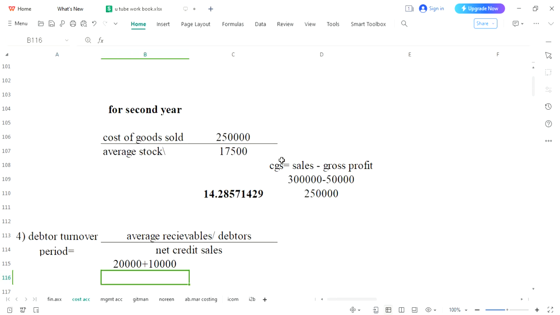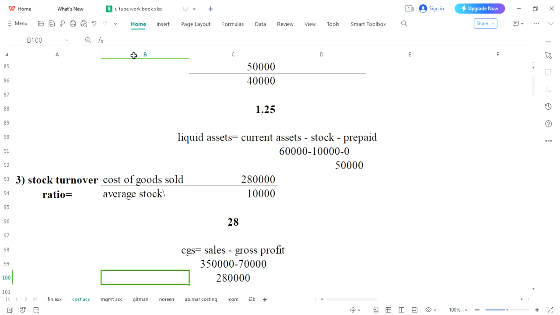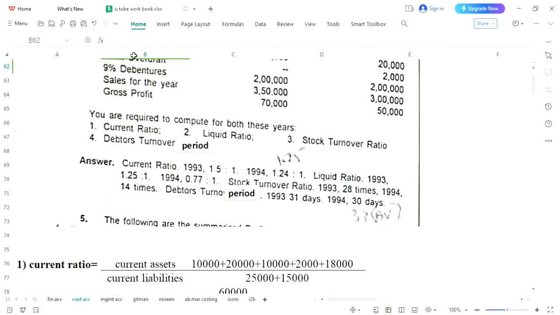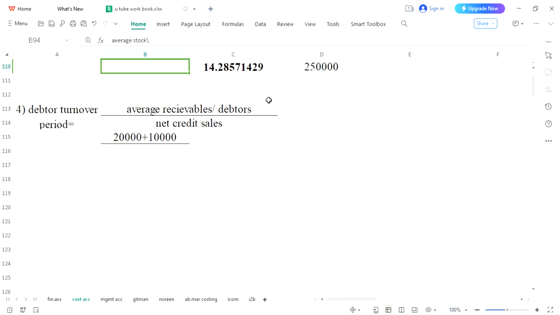Then we need to put net credit sales. But as you know, in this question we have only sales. Gross sales is not mentioned, returns are not mentioned, cash sales are not mentioned. So this sale would be considered as net credit sales, 350,000.